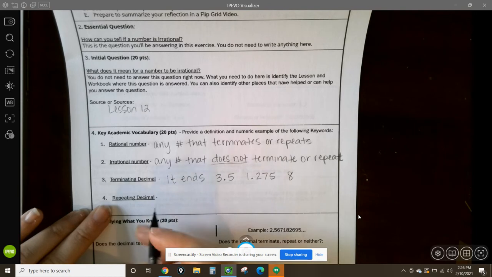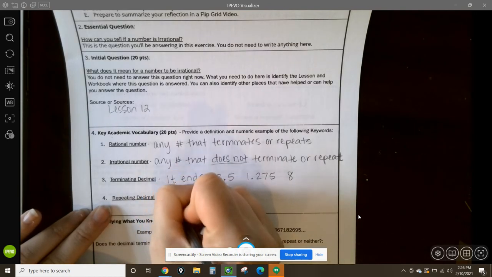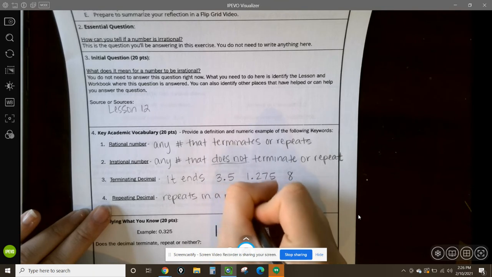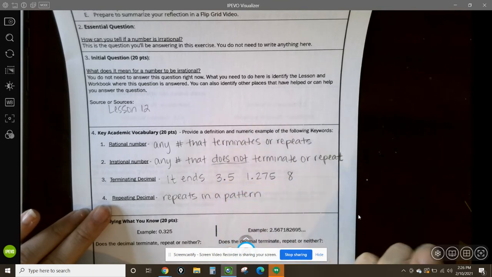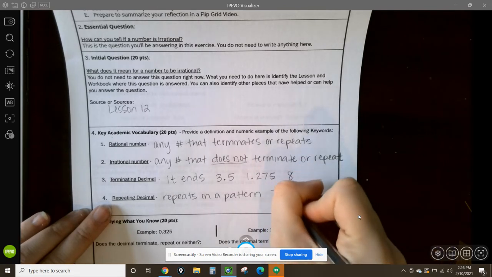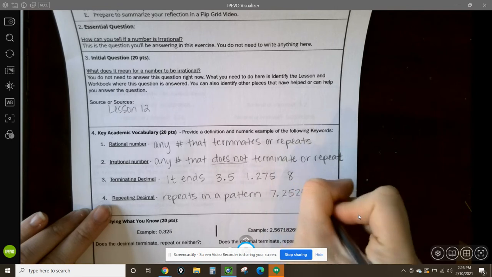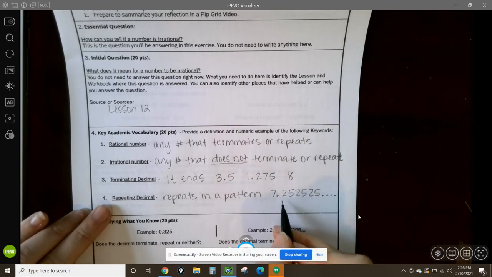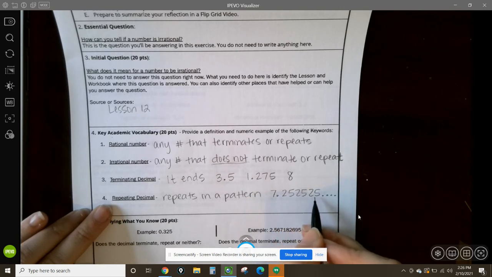Repeating decimal. So we're going to write repeats in a pattern. So for example, 7.252525... So this repeats because it goes 25, 25, 25.